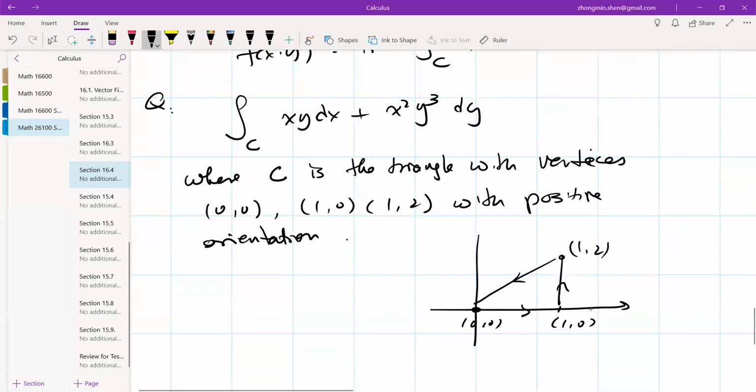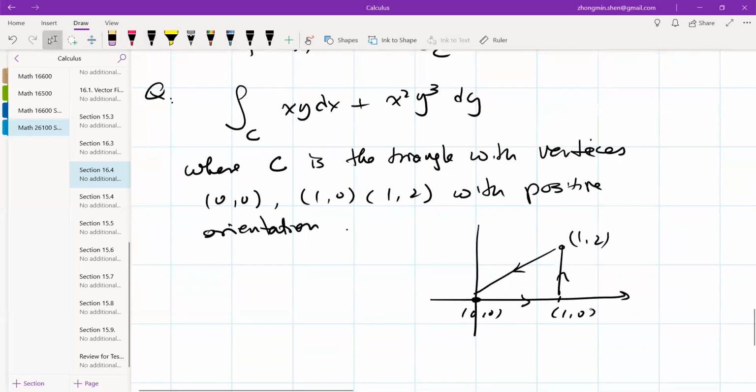This is a simple curve because inside there is no hole. The function is defined everywhere.